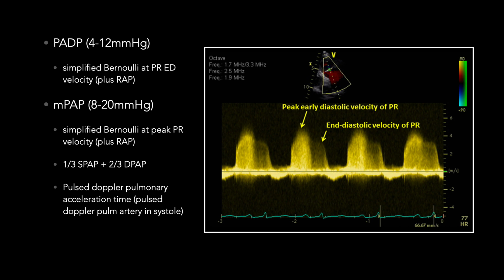And you can obtain these velocities using continuous wave Doppler on a PR, pulmonary regurgitation, jet, which is seen in RV outflow views in the parasternal long axis, and you can also see it in the parasternal short axis at the level of the aortic valve.